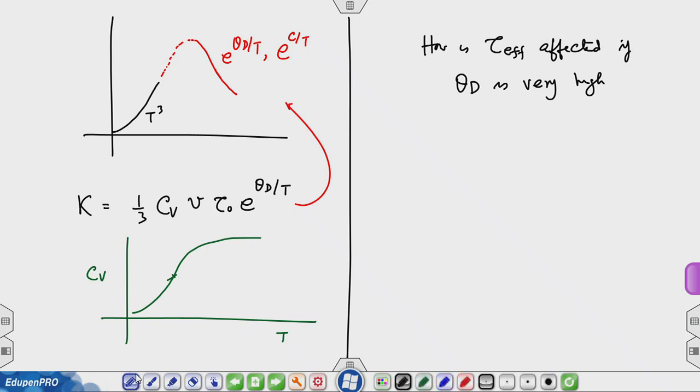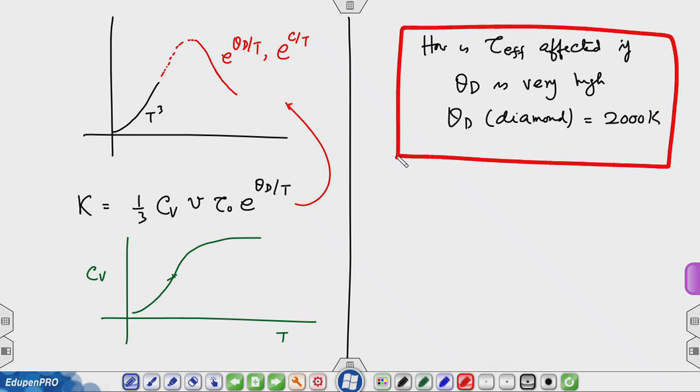And when I say very high, the theta d of diamond is 2000 K. How are the mechanisms that dominate going to change? So, this transition takes place at about maybe theta d by 5, theta d by 10, but then the conductivity starts going down.